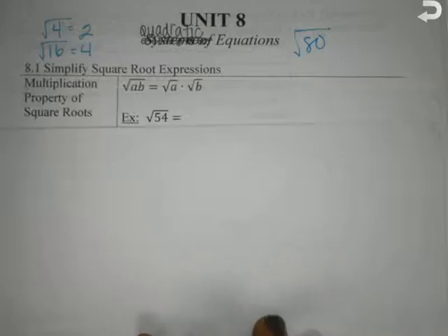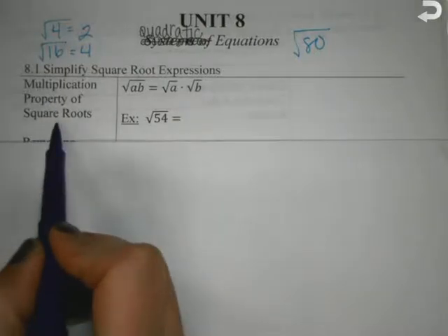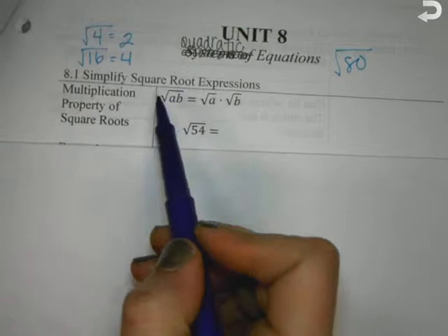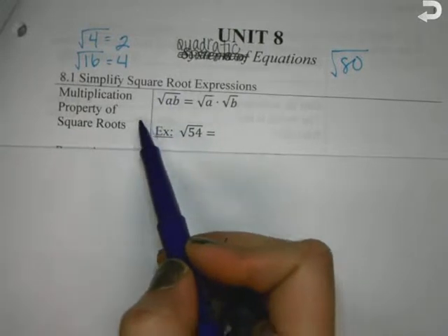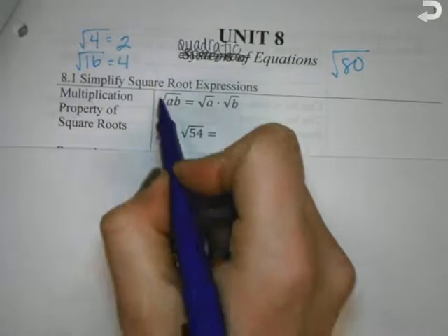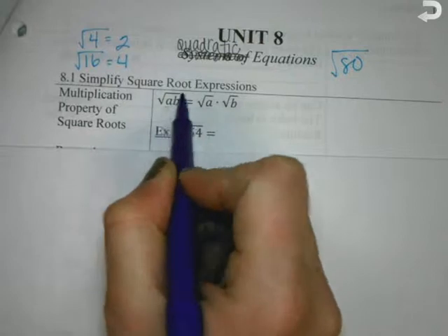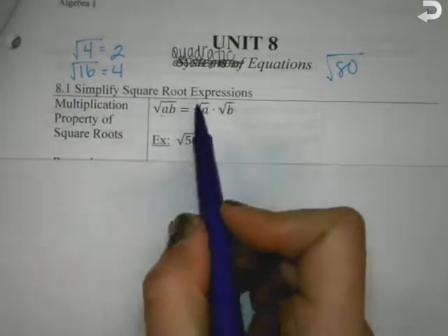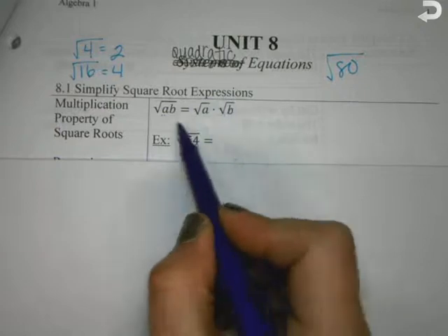Okay, so first thing we have to realize is that we have a new property called the multiplication property of square roots, which means if I have a square root of something, right now a and b, we're just talking general terms here, I can actually split that up to the square root of a times the square root of b.